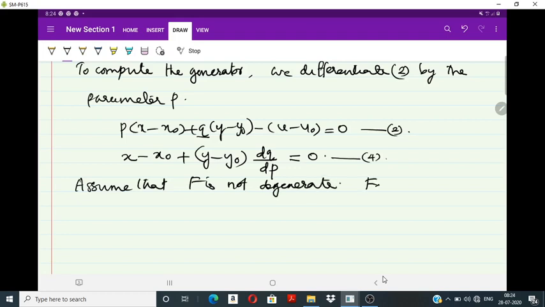Degenerate means that fq squared, the partial derivative of f with respect to q squared, plus fp squared, the partial derivative with respect to p squared, vanishes. Non-degenerate means this sum never vanishes. That means either fq or fp is not equal to 0. So without loss of generality, we assume that fq is not equal to 0.